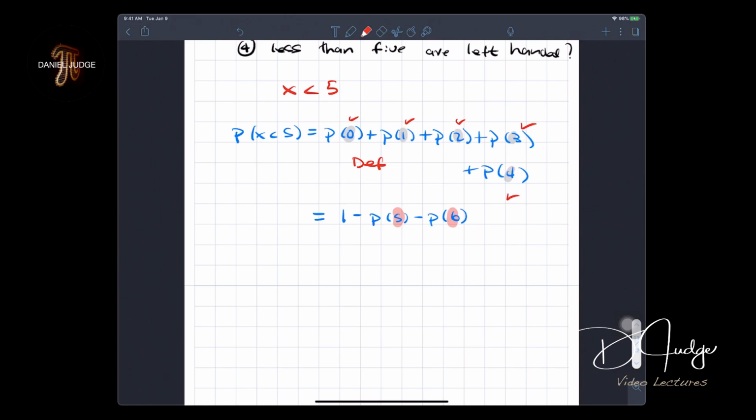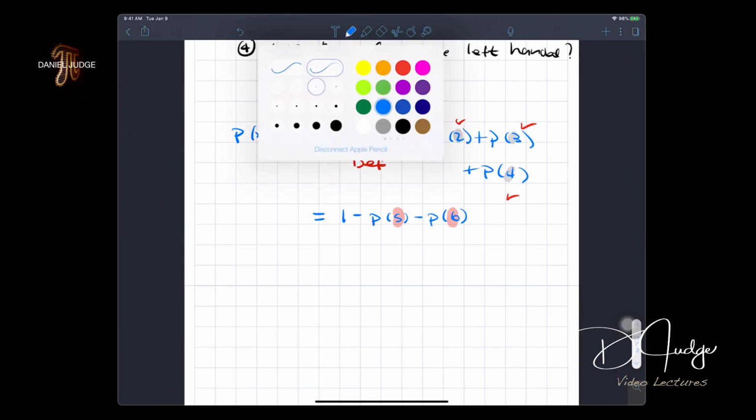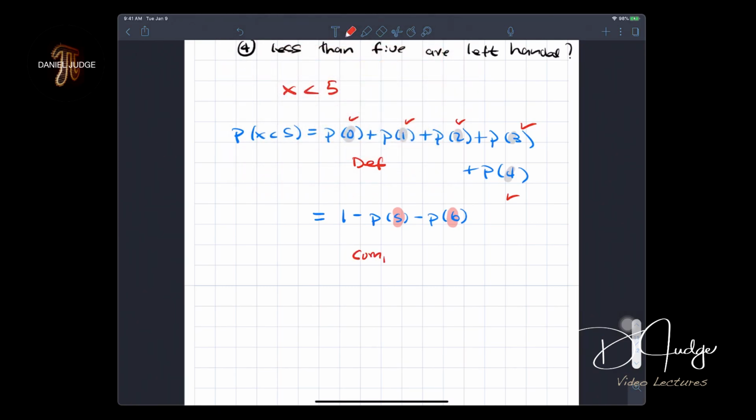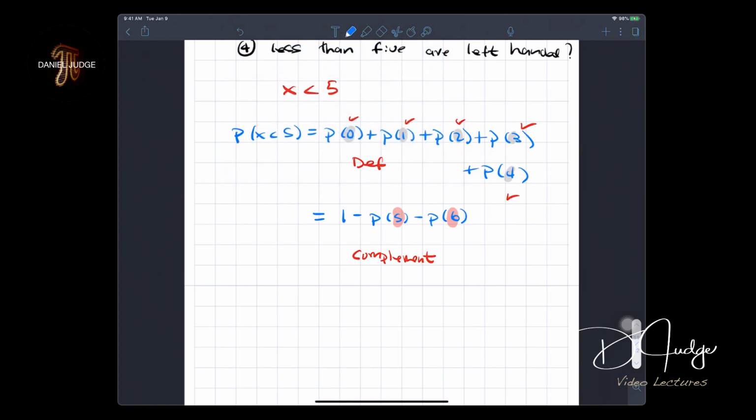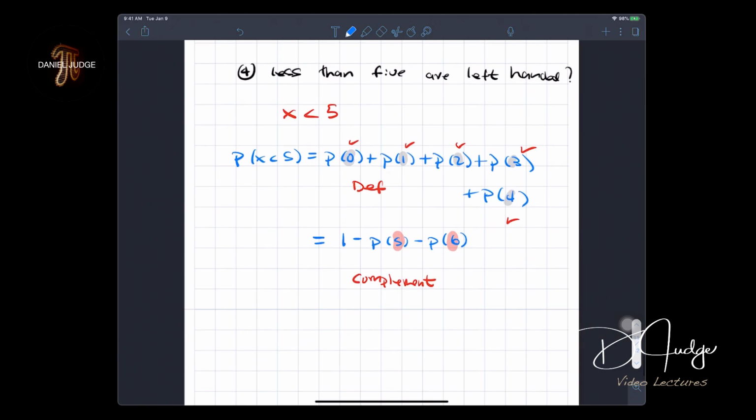You subtract the outcomes that are not in the definition. This is using the complement. So now I need P of 5, I need P of 6.